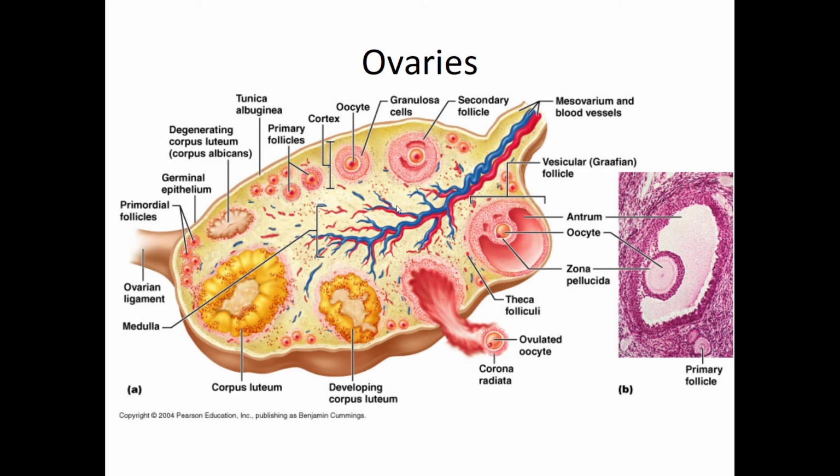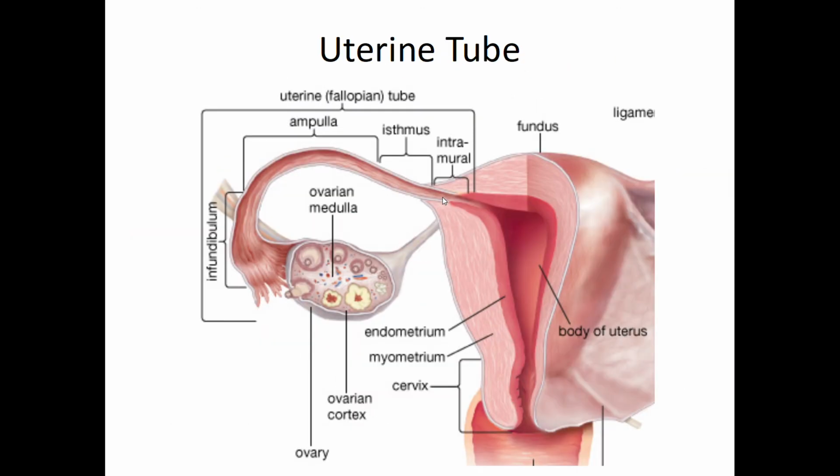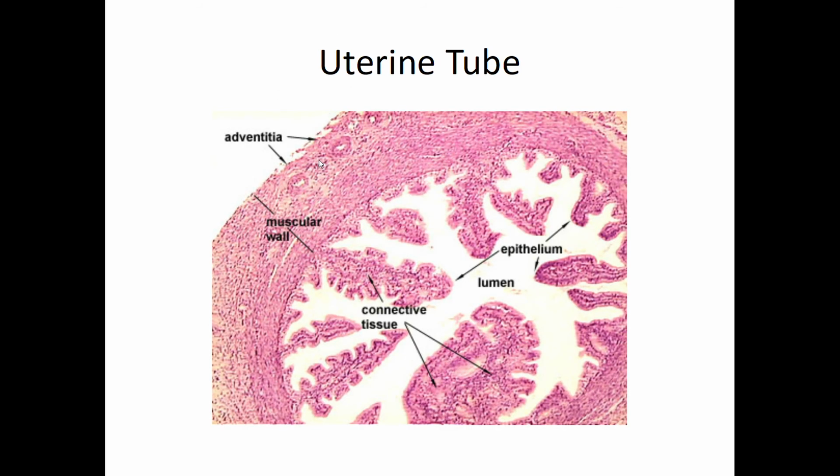So we're back in this ovary, looking at this cycle. So we put all of these pieces together. And then we have ovulation, and this oocyte is going to leave the ovary and go out into the fallopian tube, the uterine tube.